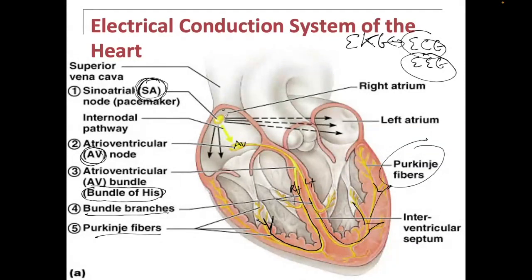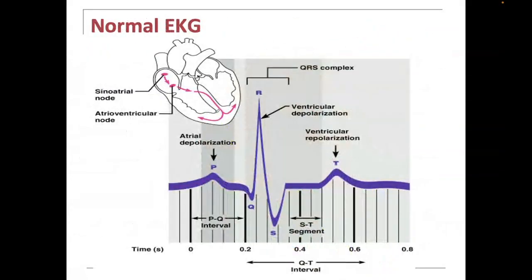Now, an EKG is measuring the electrical conduction system through the heart. And we're going to be looking at something called the PQRST wave. Usually the P is by itself, the QRS is by itself, and the T is by itself.